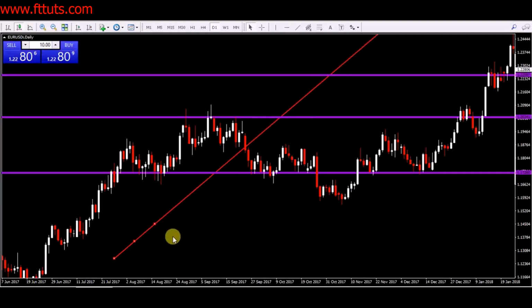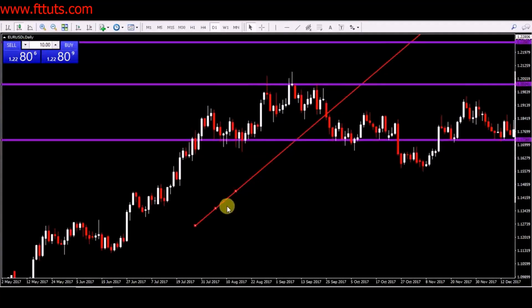Well, what are we doing? Connecting at least two or more points of equal reaction. So we know at this point, the market is coming up into a strong level, say here.